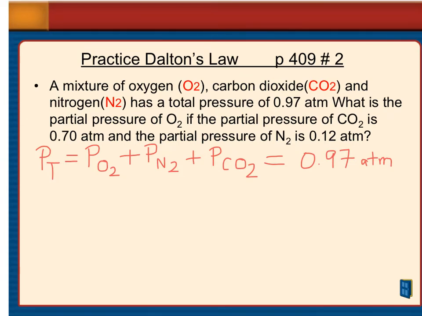We will write out the equation, we will solve for the variable pressure of oxygen, and we will substitute in the values that are given. Pay attention to units and significant figures.